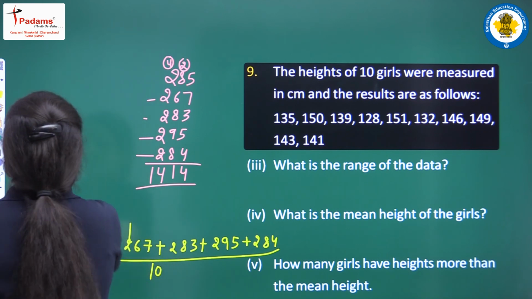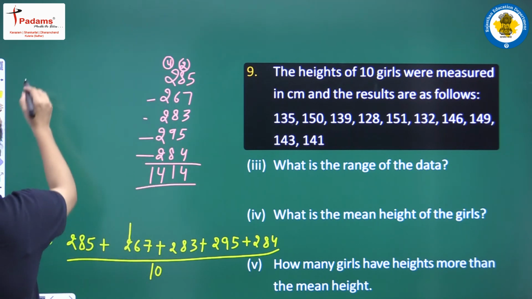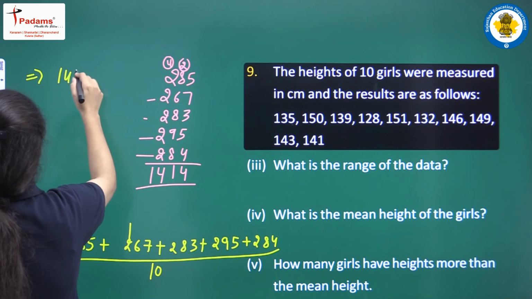Alright students, so basically the sum of these things is equal to 1414.